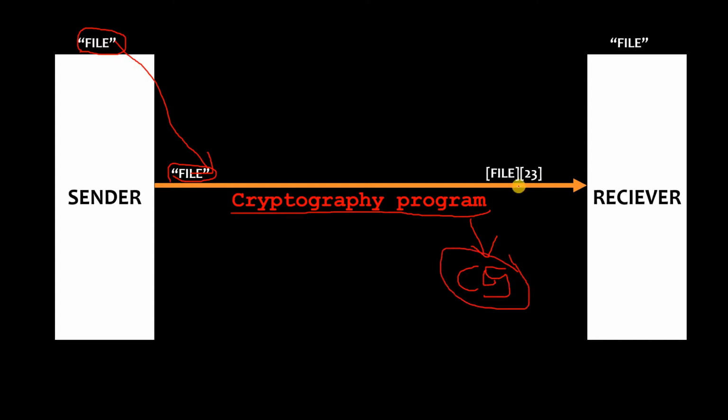This checksum value will be added with the data. Look at this. File is attached with the value checksum. Now, when the receiver received the checksum and the data, the receiver executes the same cryptography program with this data as an input and gets the checksum value, right?